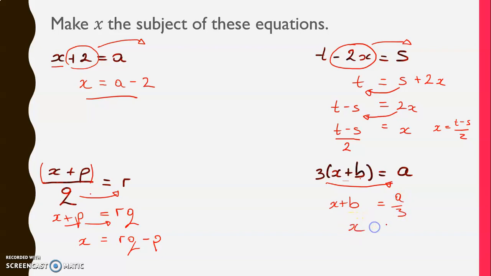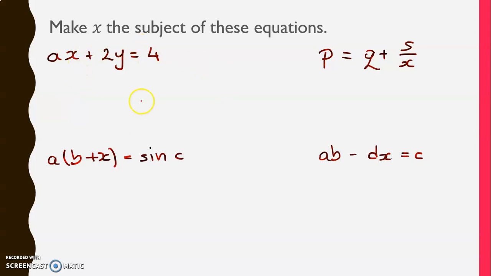So now we simply need to get rid of b. As we can see here, b is added onto x, so when we move it to the right hand side, it will be subtracted from whatever we have there already. So a divided by 3 minus b, and that's our answer.